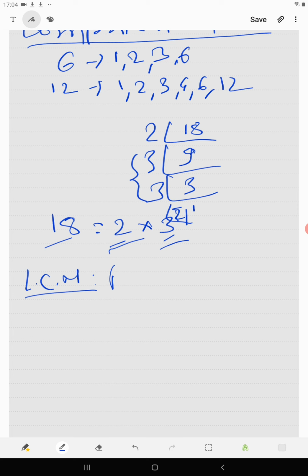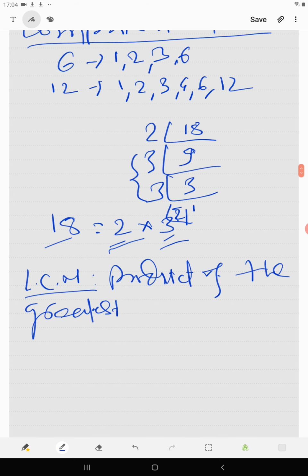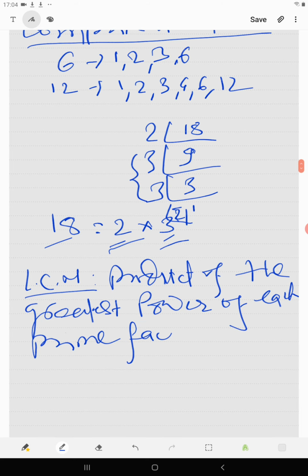LCM is the product of the greatest power of each prime factor involved in the numbers.